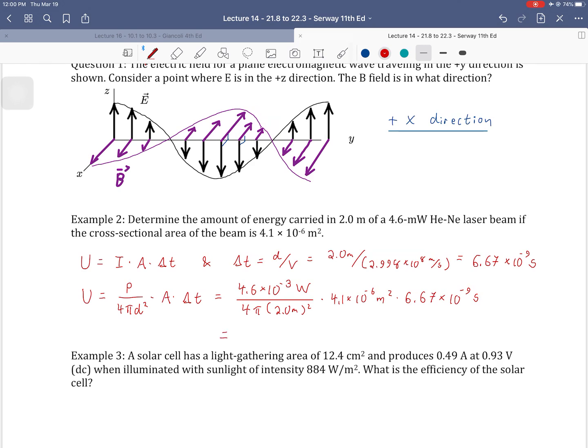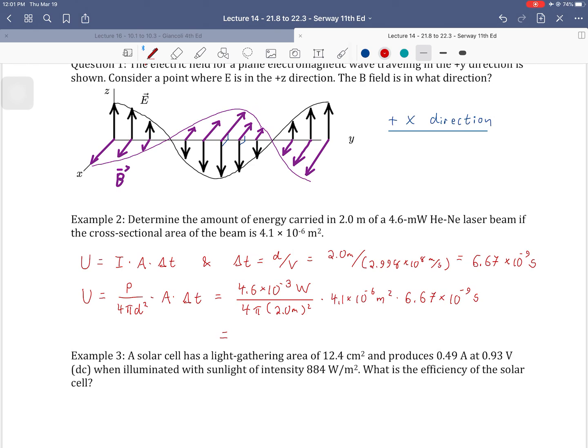Okay, so let's plug in all our numbers here. So 4.6 times 10 to the negative 3 divided by 4 pi times 2 squared, and then times our cross-sectional area. Okay, and then multiplied by our time.